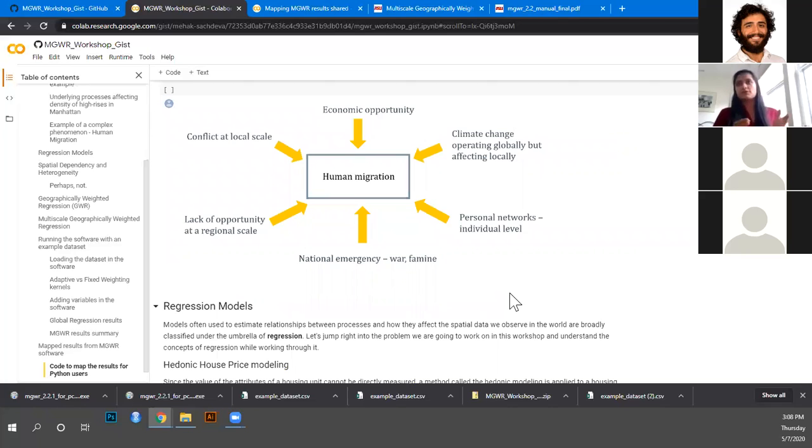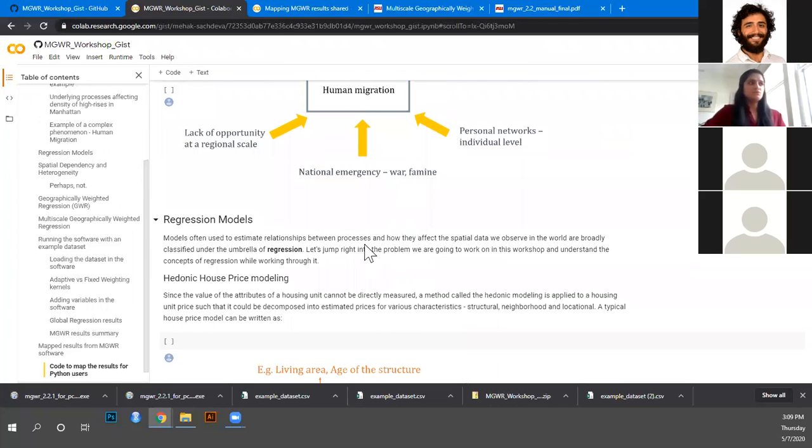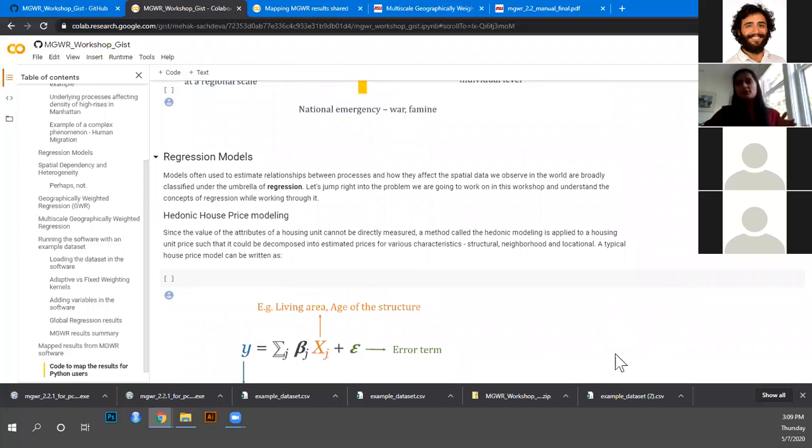And spatial regression is basically an array of models within the regression models, right? So in a regression model, these would become our independent variables, like conflict or economic opportunity, and human migration would be the dependent variable, because that is dependent on all these different processes that we want to measure.